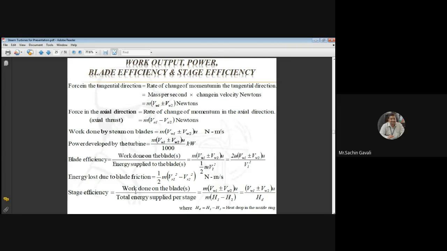Total energy supplied per stage is calculated by the formula m into bracket h1 minus h2, which is the enthalpy drop. The m will get cancelled. So it is equal to VW1 plus minus VW2 into U divided by hd, where hd is the total enthalpy drop in the nozzle.